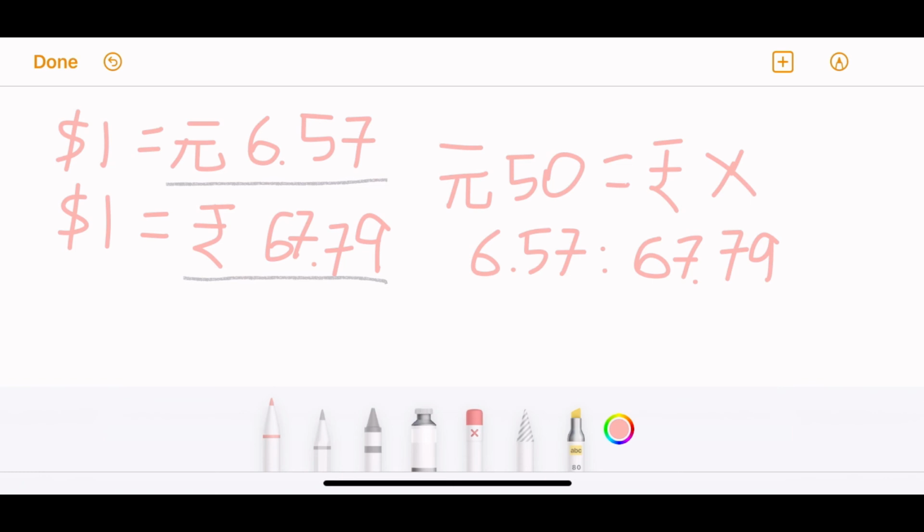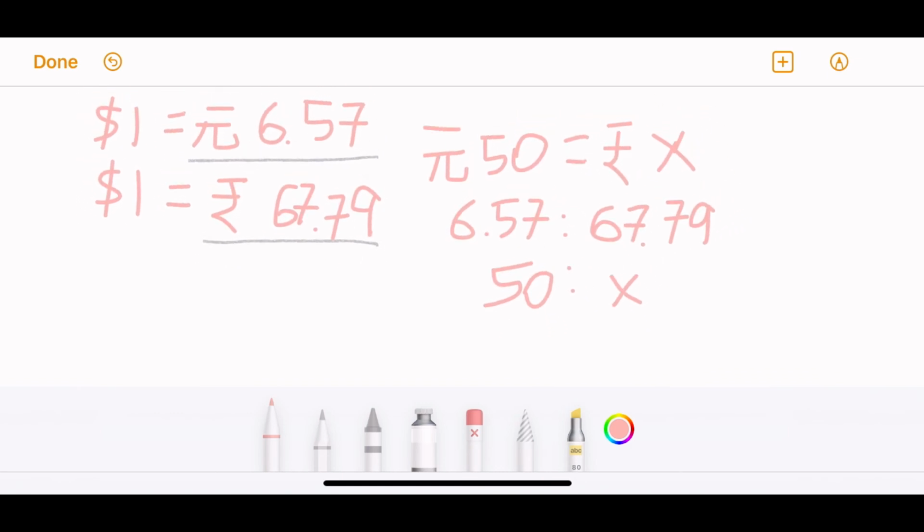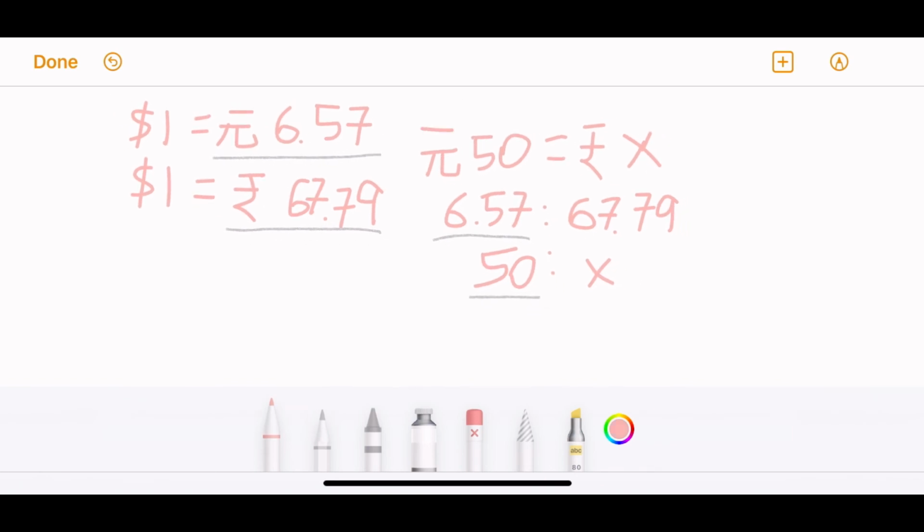Now, we know that yuan is 50 and the rupees corresponding to 50 yuan is x. So I'm going to write x here. Like we did for our last question, we're still going to do division, then multiplication. We're going to find the relationship between 50 and 6.57. So I'm going to do 50 divided by 6.57, and then multiply this number by 67.79.